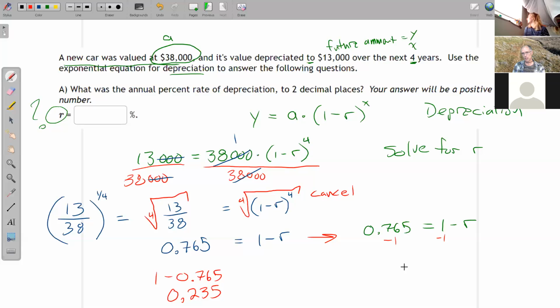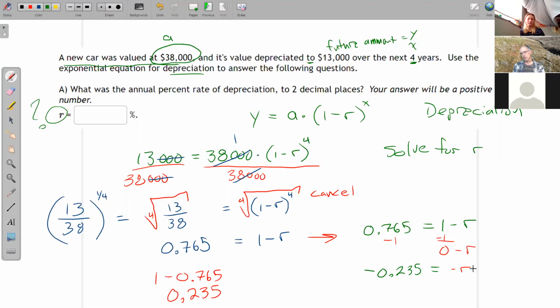So I'm going to have to do a -1 like that, because 1 minus 1 is 0. 0 minus r is -r. And then on the other side, I get kind of the opposite of what I wrote there, 0.765 minus 1. So calculator time, it's going to give me a -0.235.